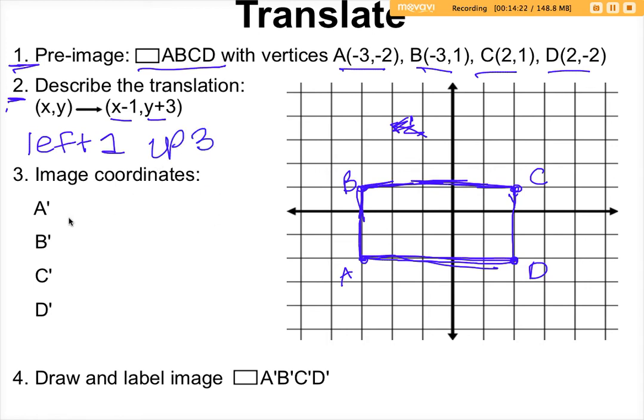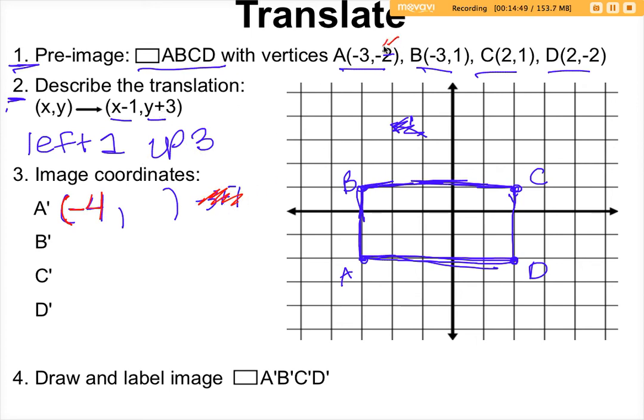If I take a look at my new coordinates, without drawing anything, let's use this left 1 and up 3. My x, I'm going to end up with -3 minus 1. Add the opposite, and my new A value should be -4. And then my y value is y plus 3.